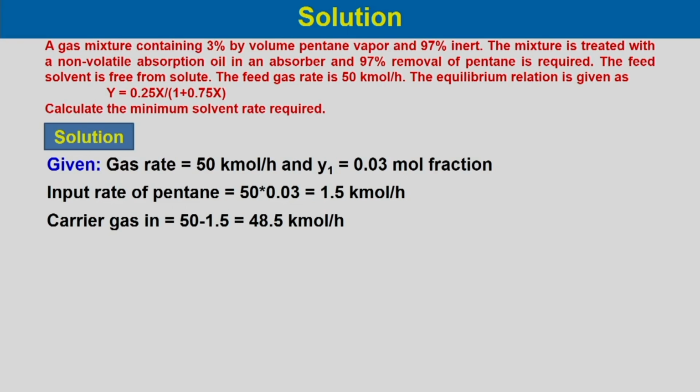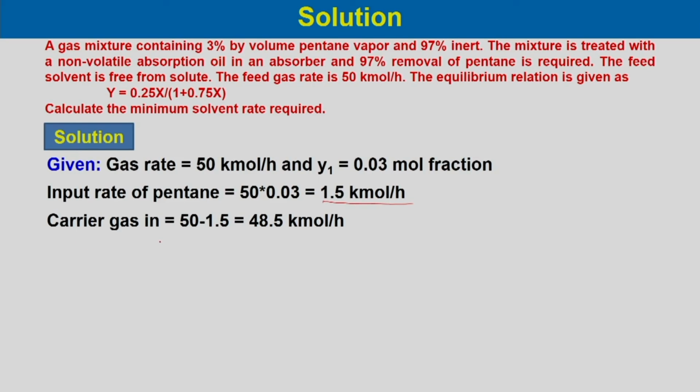So, gas rate which is given 50 kilomole per hour and 97% inert and 3% pentane, which is small y1, is 0.03 mole fraction of the pentane vapor. Input rate of the pentane would be 50 into 0.03. So, it is 1.5 kilomole per hour, which is the input pentane rate.